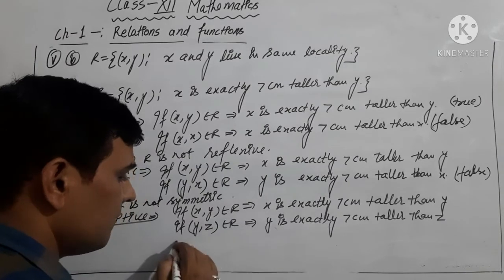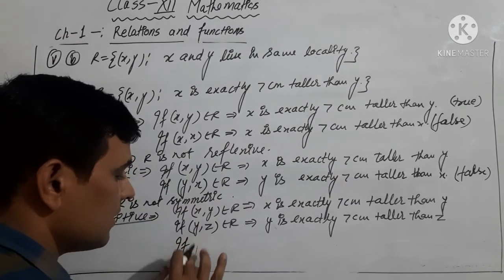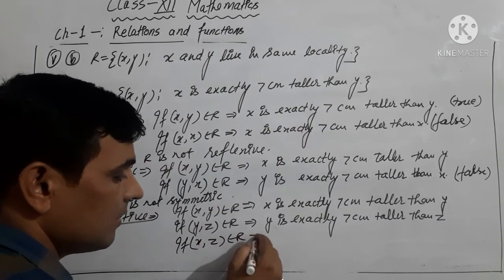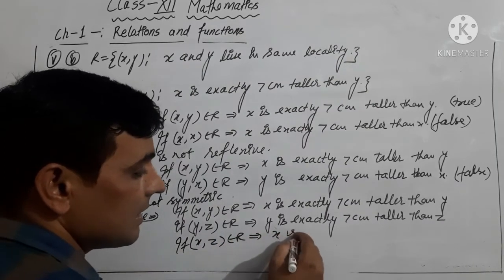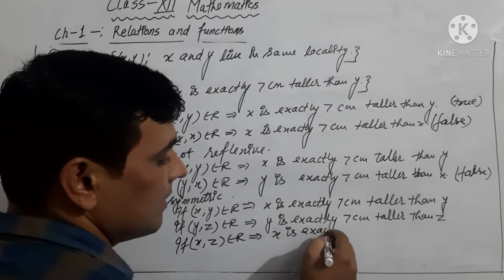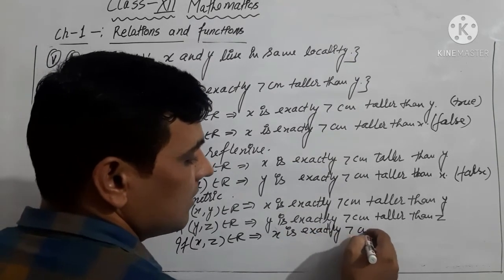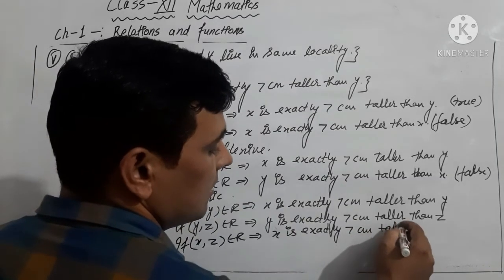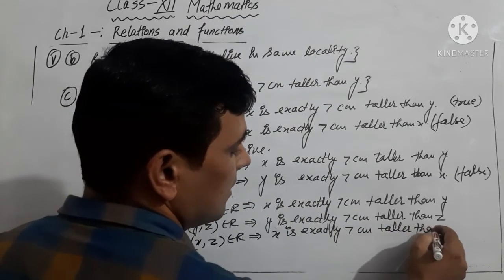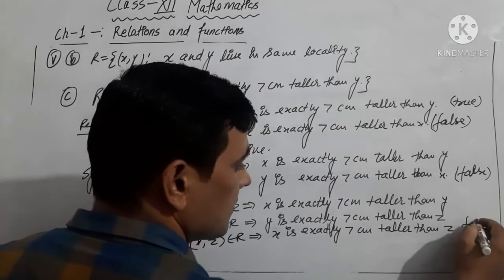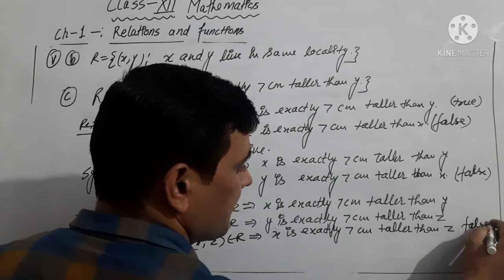So if (x, z) belongs to R, this should imply that x is exactly 7 centimeter taller than z, which is false. Why is it false?